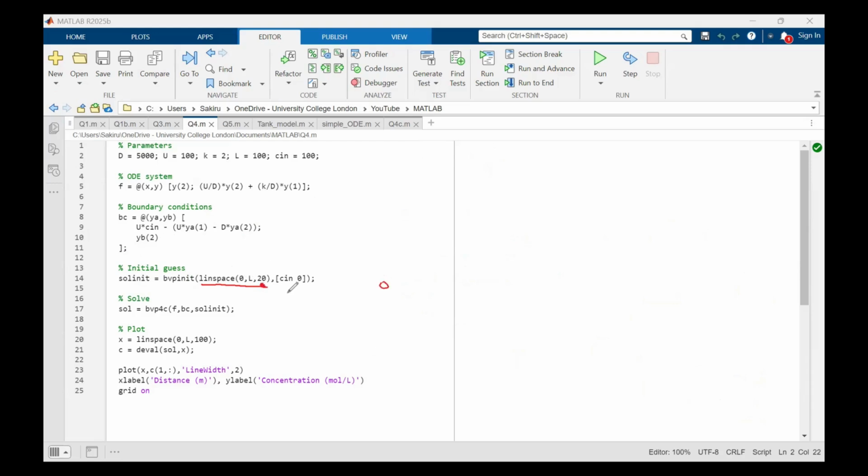So the 20 points, and then specify the value of y at those points. So y, remember, y is C and dC/dx. So what we're saying is that, okay, at the inlet, C is equal to C in, and the derivative is equal to 0. That's what we've done here.